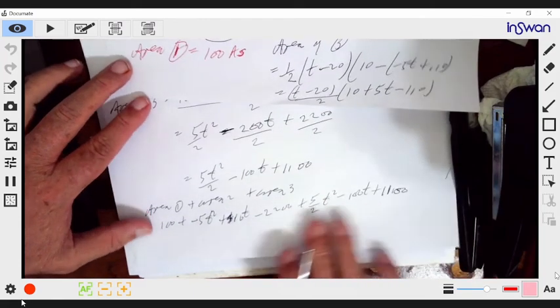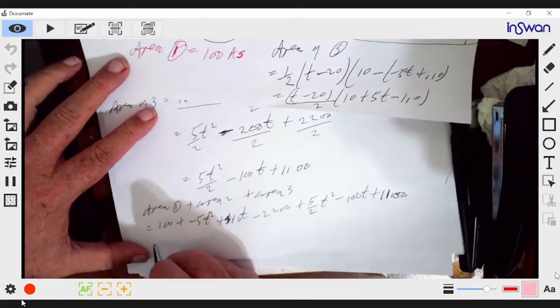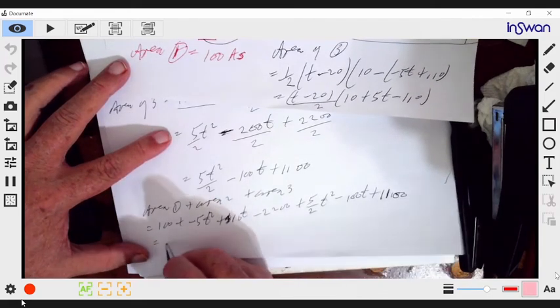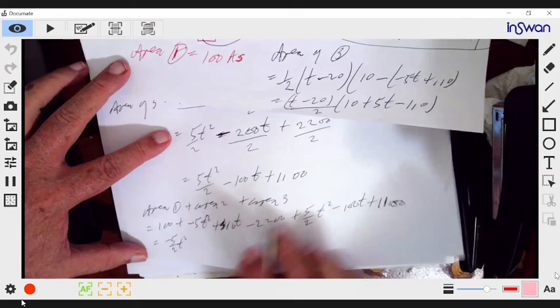Hopefully I didn't make an error. So that is minus 5t squared.